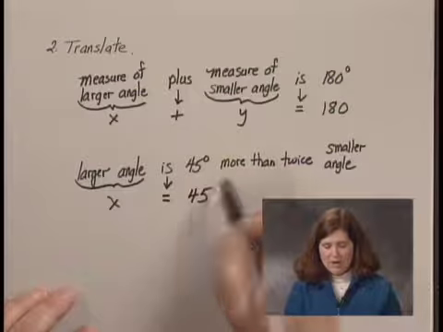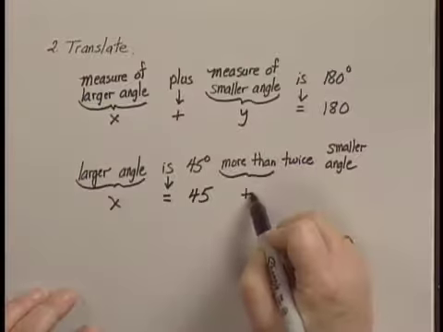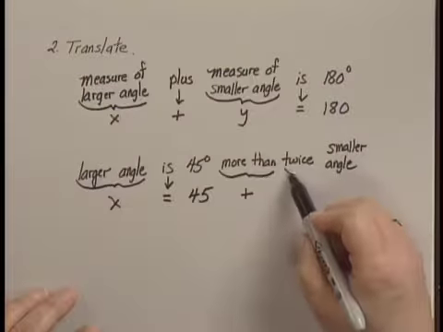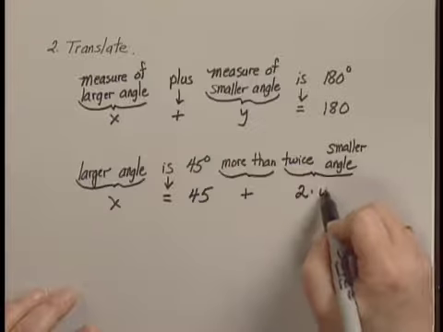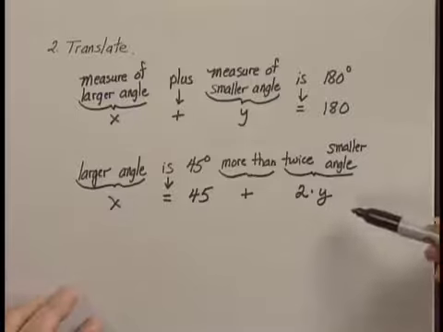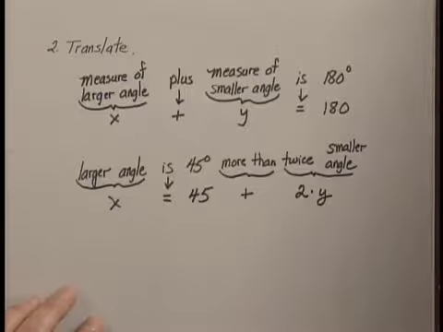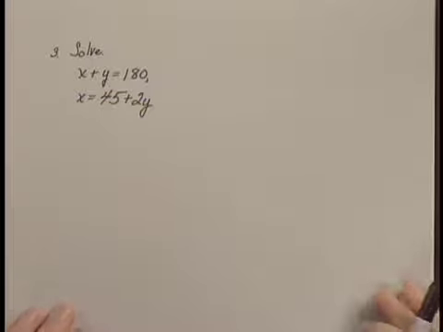I have 45, and then more than twice the smaller angle is 2 times y. So I have two equations in x and y, and I can solve those equations as a system of equations in step 3, which is to solve.